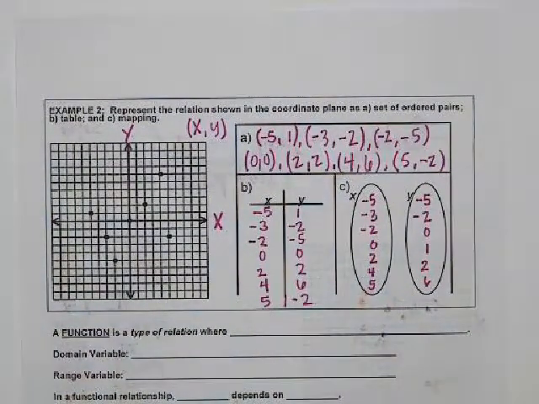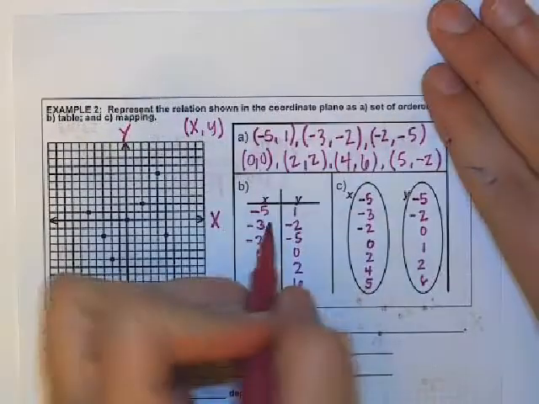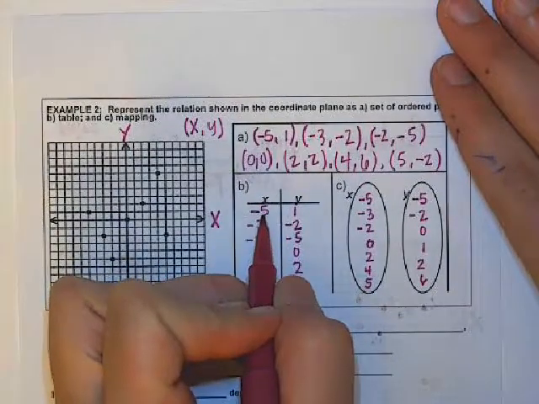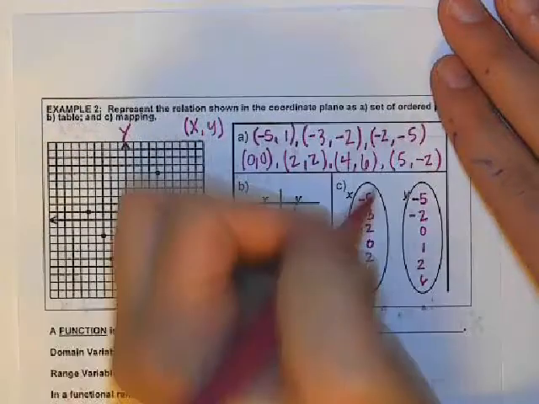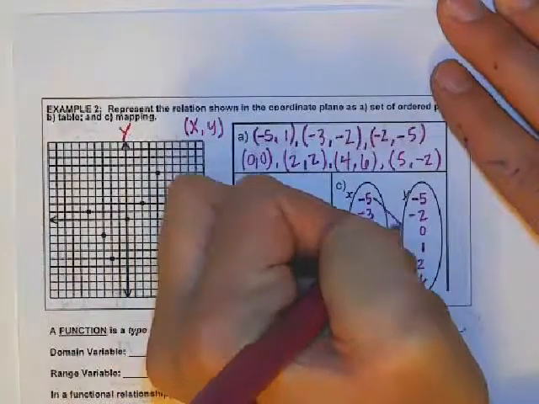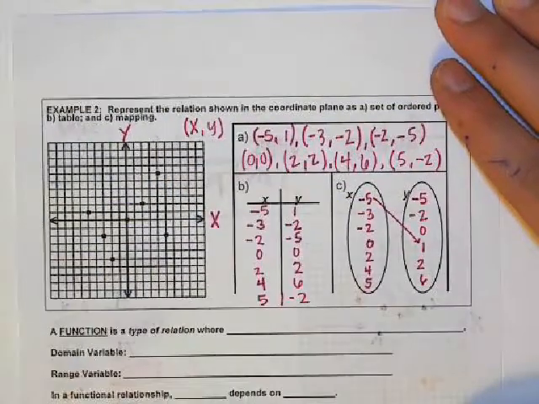Now there's one more step. I have to know what X goes with which Y. All right, so if I look at my table, -5 goes with what? 1. So I need to draw an arrow from -5 to 1, so I know that those go together.